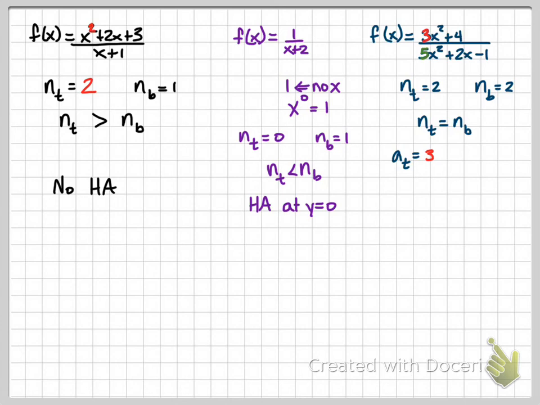Our leading coefficient of the bottom is 5. So then we have a horizontal asymptote, and it is going to be the ratio of these two. It's at y equals a of the top over a of the bottom, so that would be 3 over 5. Okay, that's for horizontal asymptotes.